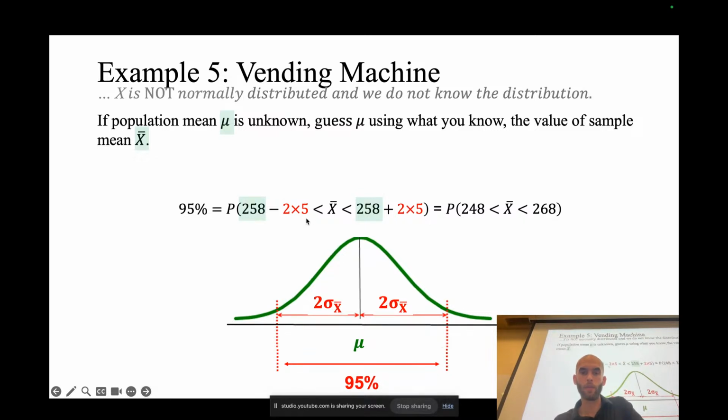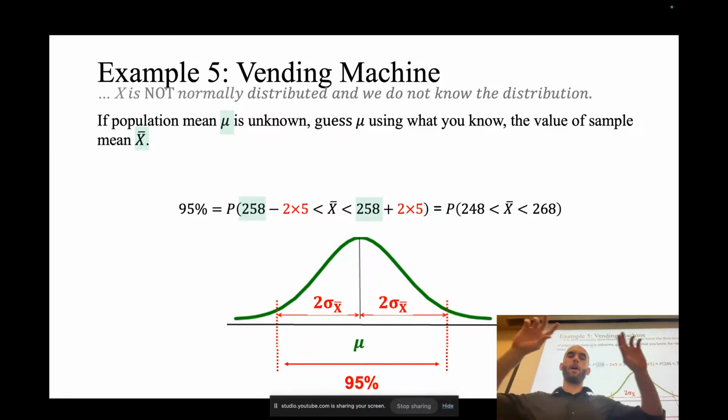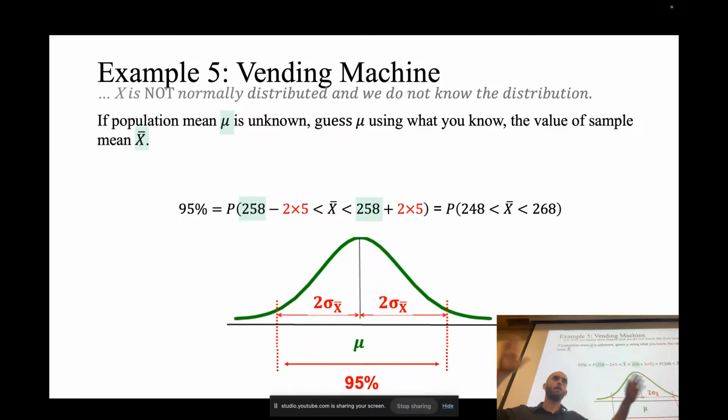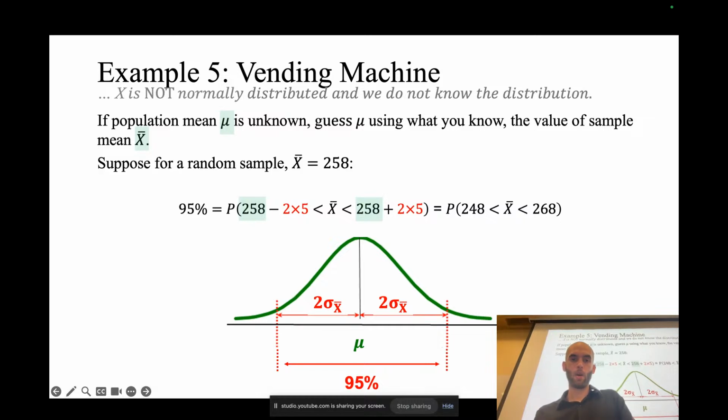And then we're also going to replace the standard deviation with our guess, using the sample standard deviation, our sigma X bar. This gives us an upper and lower bound. We're using 2 times the 5 to give us 2 standard deviations away from the guess.